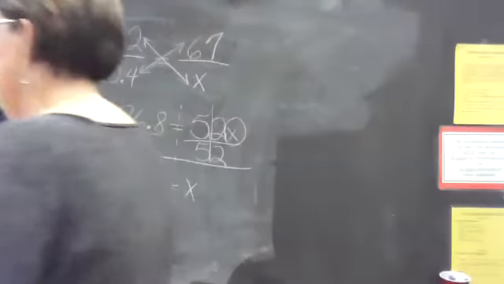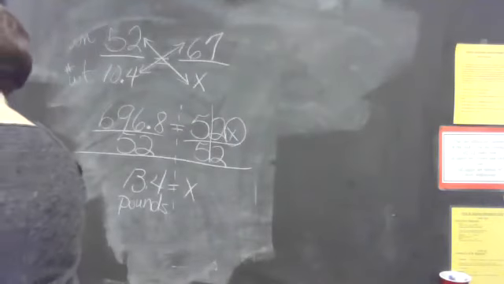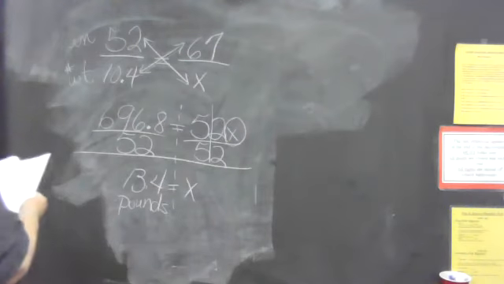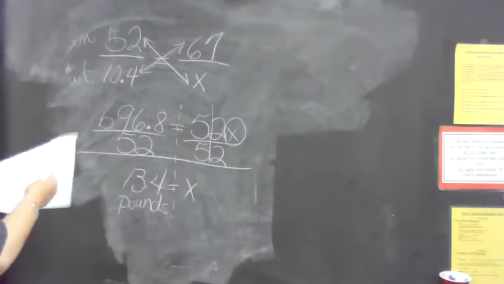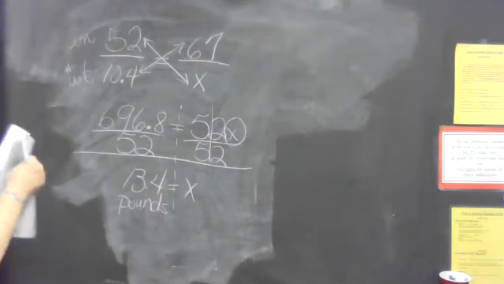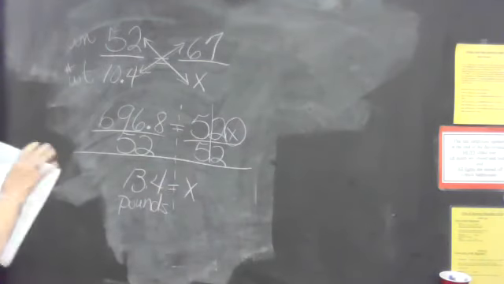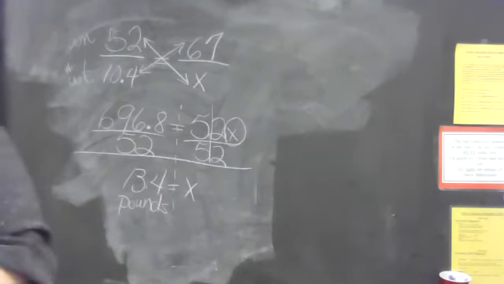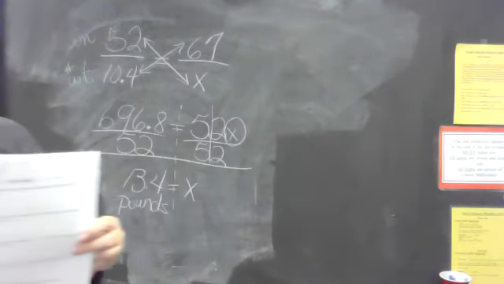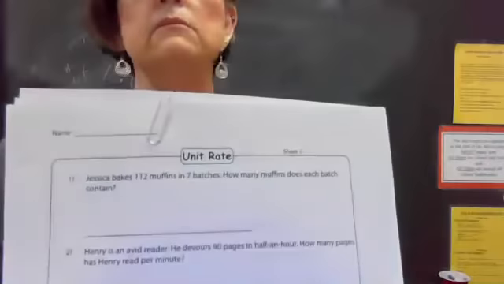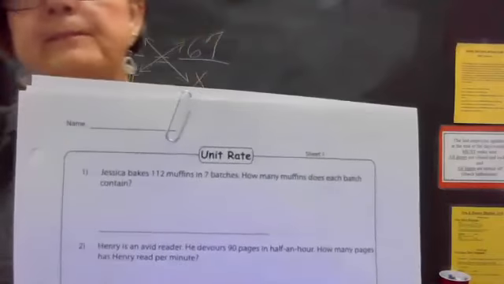So we covered several pages. Let's do one on page 3. Looks like this. Page 3 is the one that has some word problems and it says unit rate on top. This is packet 2.